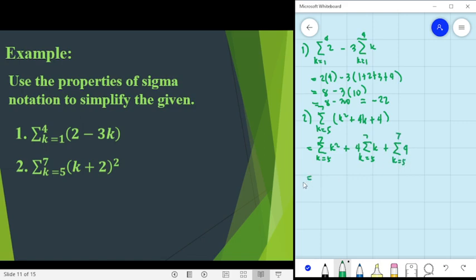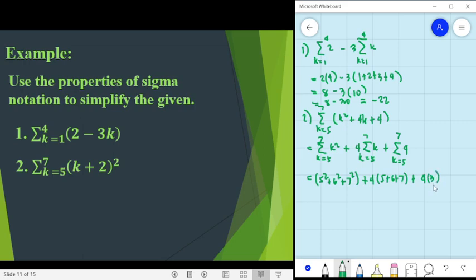So from here, we can now have 5 squared plus 6 squared plus 7 squared plus 4 times the quantity 5 plus 6 plus 7 plus 4 times 3.